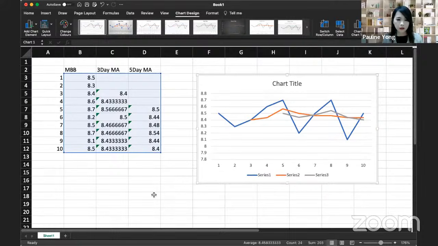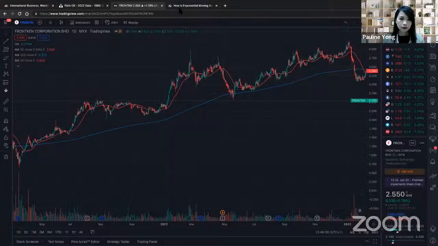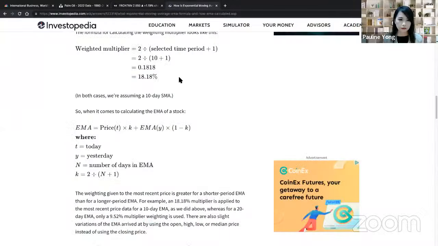A lot of people also compare the simple moving average and the exponential moving average. What's the difference? The exponential moving average has a formula, and I will never remember it because it is a bit complicated.